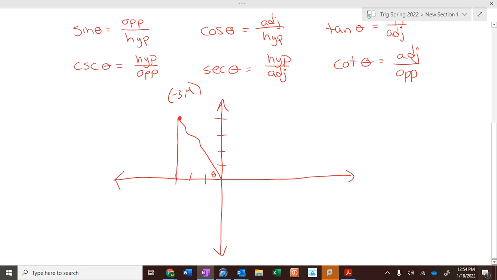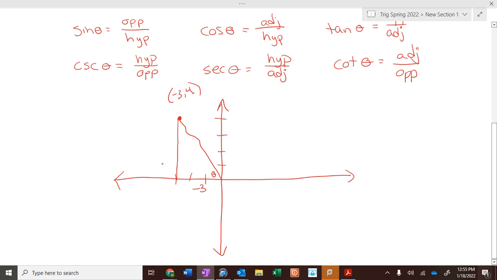Our angle's down here. What's the sine, cosine, tangent, secant, cosecant, cotangent of that angle theta there? Okay? Well, if my point is -3, 4, the bottom of the triangle is how long? 3. I'll put a -3 there, though. Okay, its length is 3, but we're going to go -3 for right now.